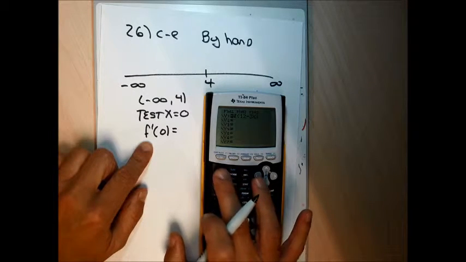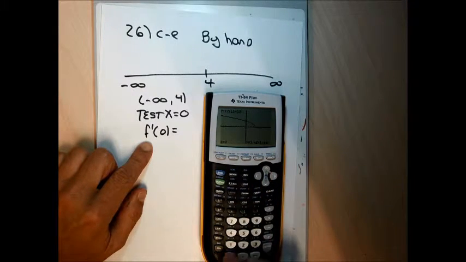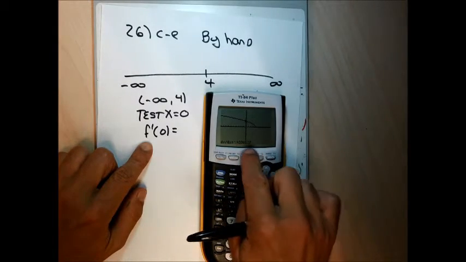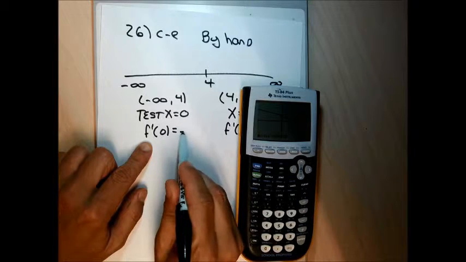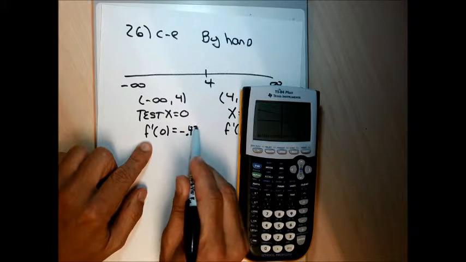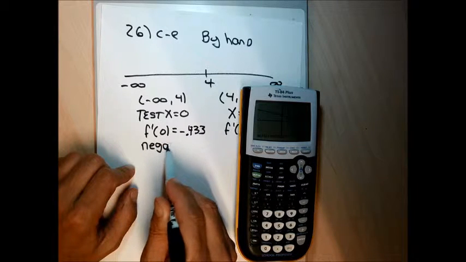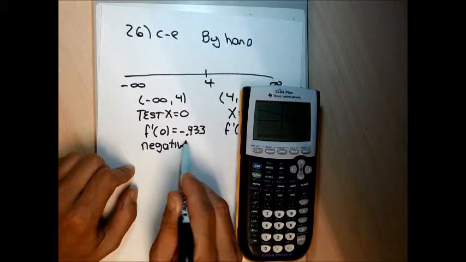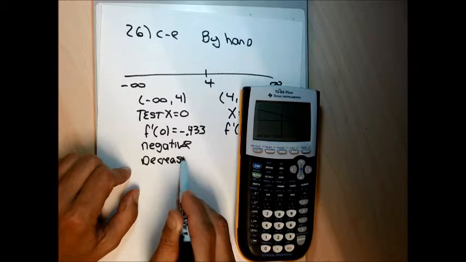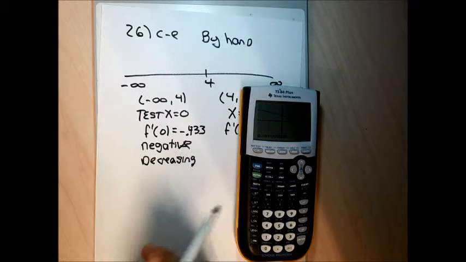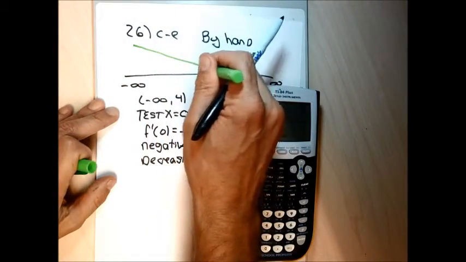To do f prime of 0, I'm going to go second calc dy/dx, type the number 0 in, and it tells me dy/dx is negative 0.433. And because it's a negative number, the graph is decreasing in this interval. So above the interval negative infinity to positive 4, I'm going to put a decreasing arrow.